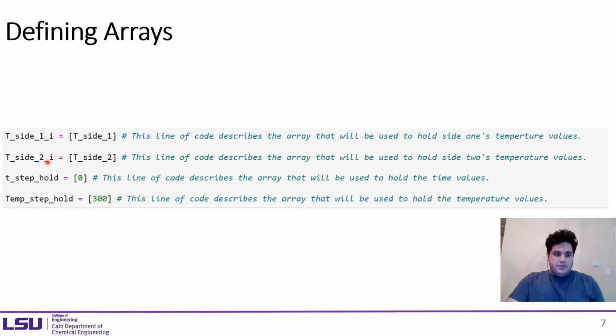These first two arrays will hold our t minus and t plus values that will be used in the loop. This array will hold our time values that will be used when we plot our results later on, and this temperature array will be used to hold our temperature values when we graph our results at the end.